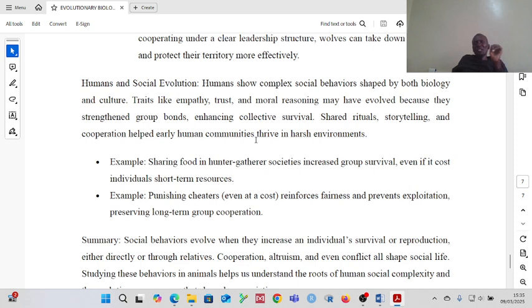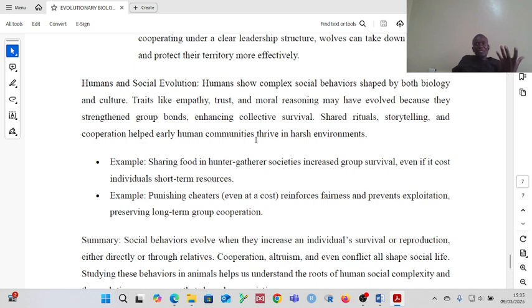So another example is when you punish cheaters, people who cheat, it reinforces fairness. It prevents exploitation. And by extension, it preserves long-term group cooperation. Unlike if you just left people to be lying left, right, center.